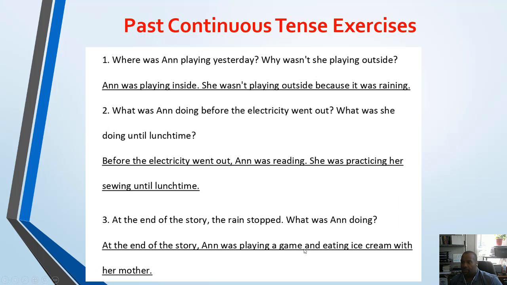So those are my answers, and hopefully you got something similar. Alright? The biggest thing here was, of course, to answer these questions using the past continuous tense. Alright? So let's move on to B.